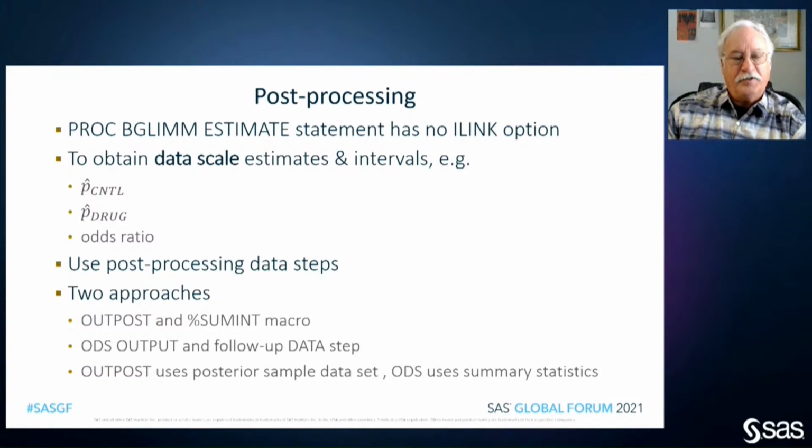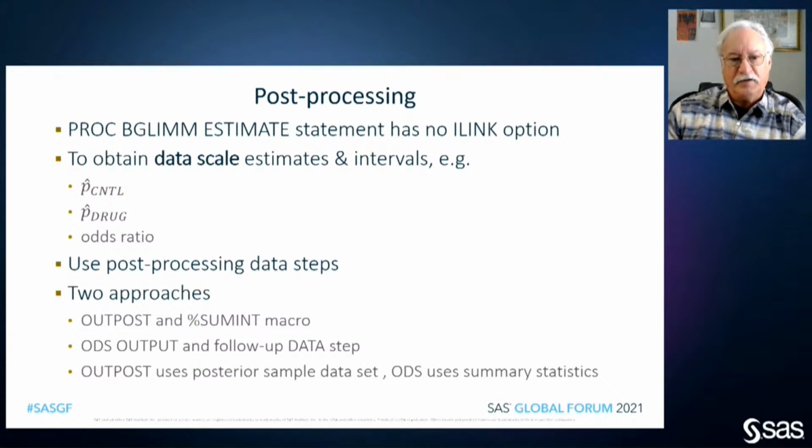Okay, now all of these are on the log scale, so we have to translate them. To obtain data scale estimates, we need to do what the iLink function or option would have done in PROC GLIMMIX. So to do that, we want to get the probability of a favorable outcome for the control and for the drug. We want to get the actual odds ratio. And there are a couple of approaches for doing this.